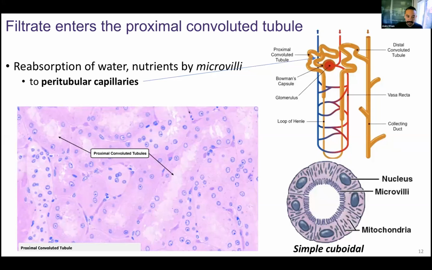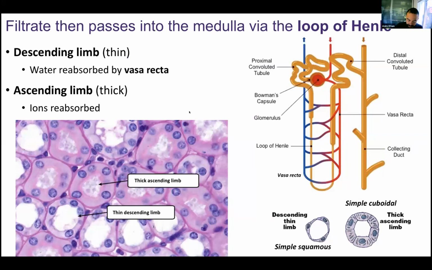All right. After we've gone from the Bowman's capsule to the proximal convoluted tubule, now we dip down into the medulla. And because we go down and then back up, this dip is called the loop of Henle.